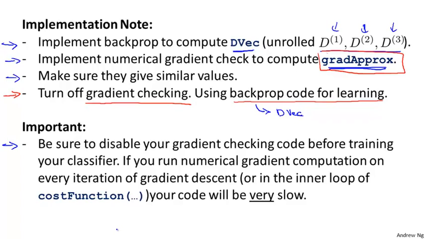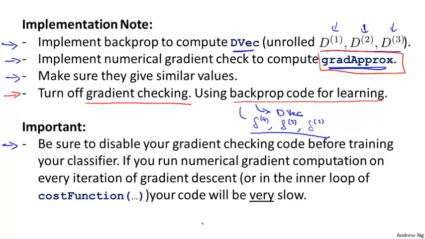Concretely, if you were to run numerical gradient checking on every single iteration of gradient descent, or if it were in the inner loop of your cost function, then your code would be very slow, because the numerical gradient checking code is much slower than the backpropagation method, where you remember we were computing delta 4, delta 3, delta 2, and so on. That was the backpropagation algorithm. That is a much faster way to compute derivatives than gradient checking.